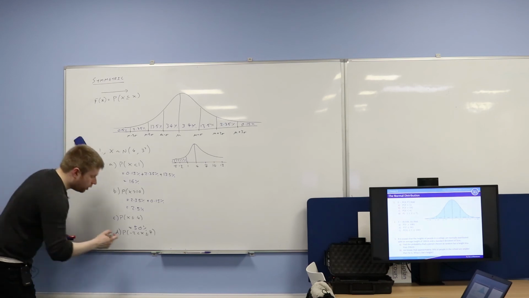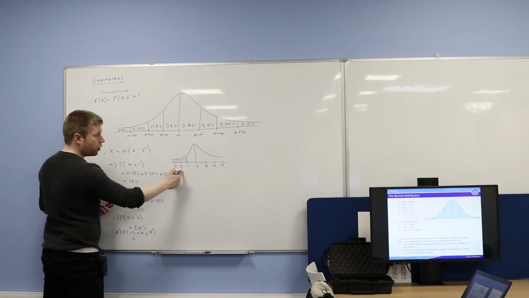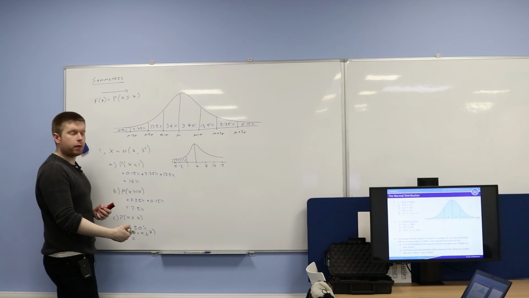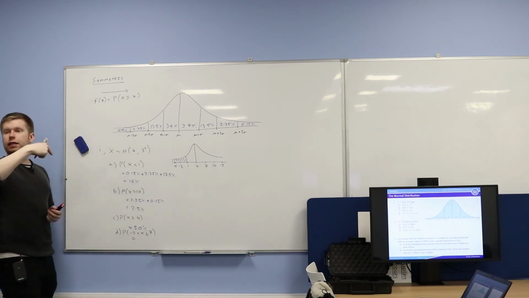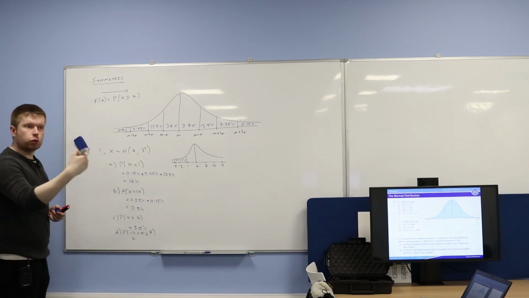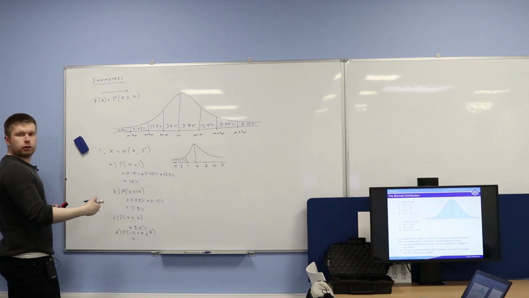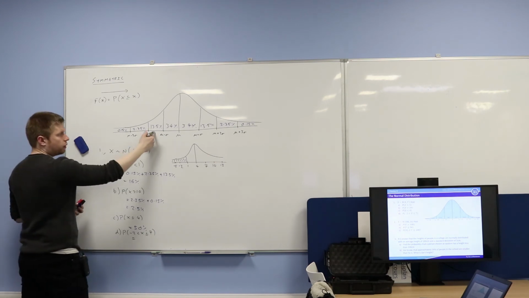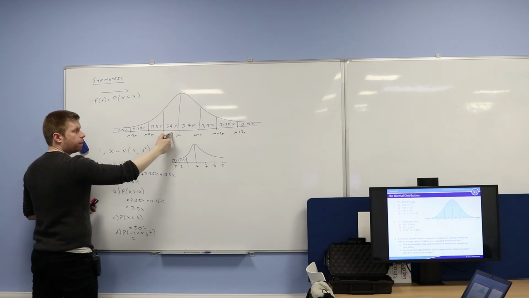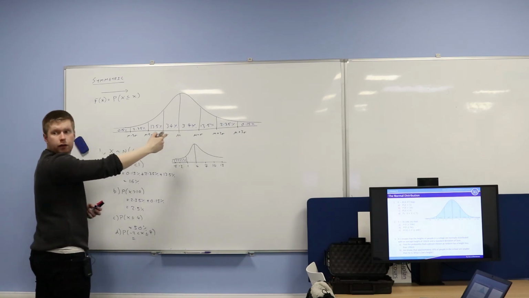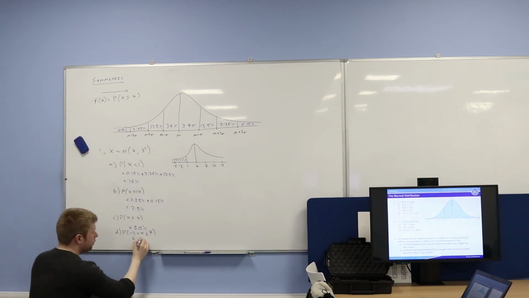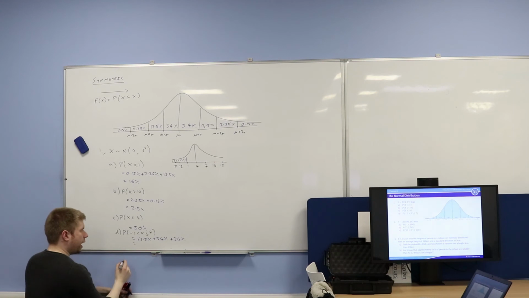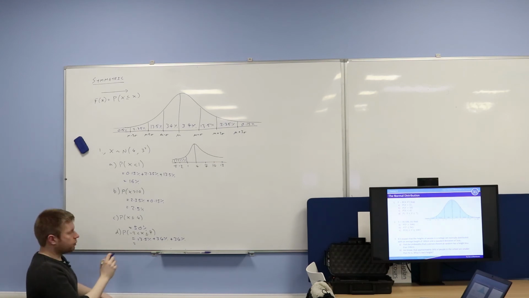So you want between -2, which is 2 standard deviations below the mean, and 7, which is 1 standard deviation above the mean. So what am I going to add together? Those three things. So 13.5 plus 34 plus 34%, which comes out as 81.5.